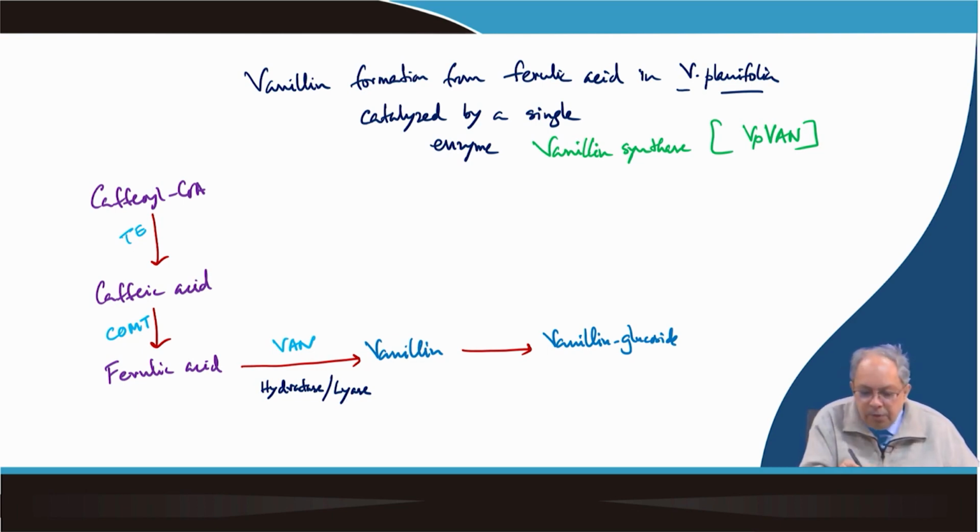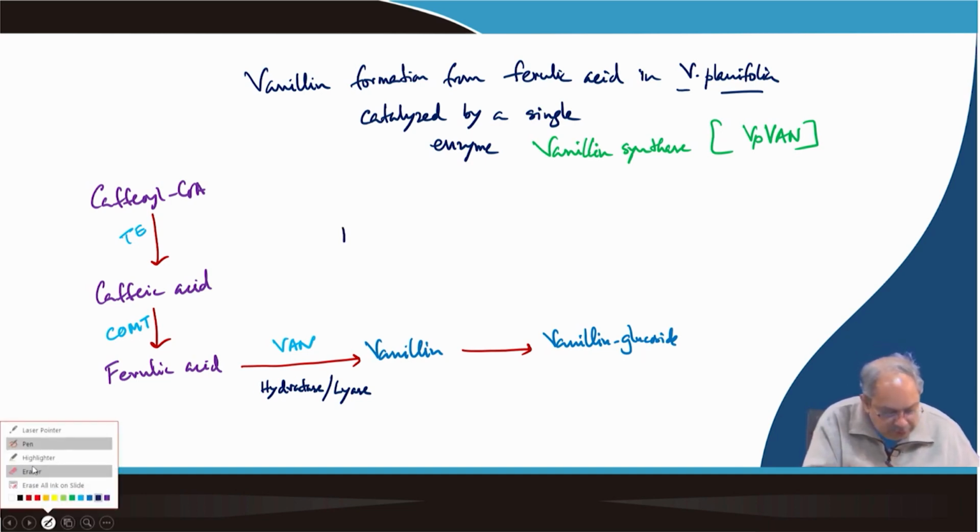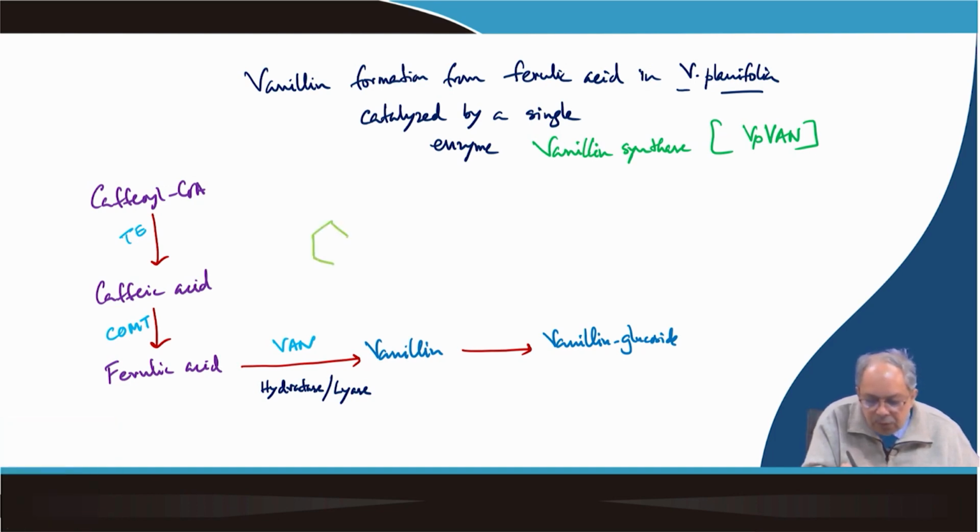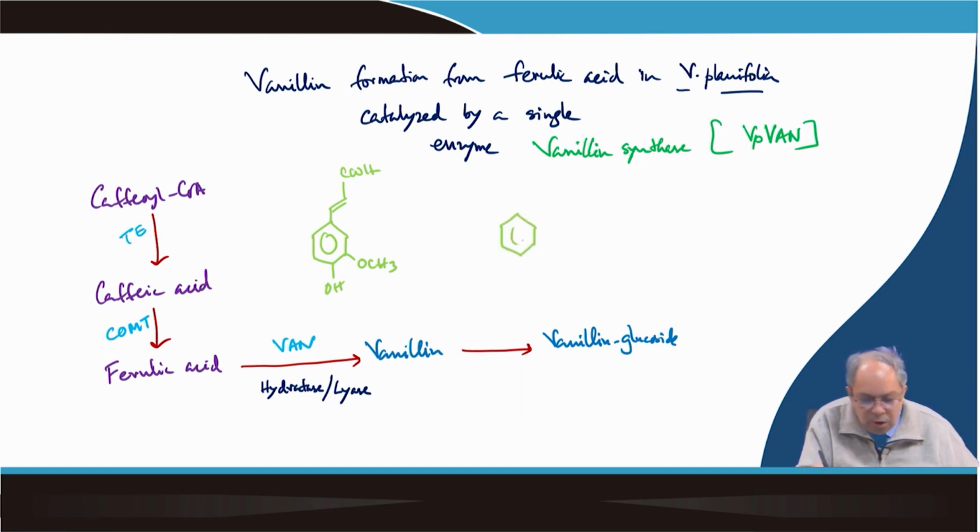So, if we see the structure of ferulic acid here, this will be converted into one intermediate. This is something like hydroxyphenyl propionic acid.